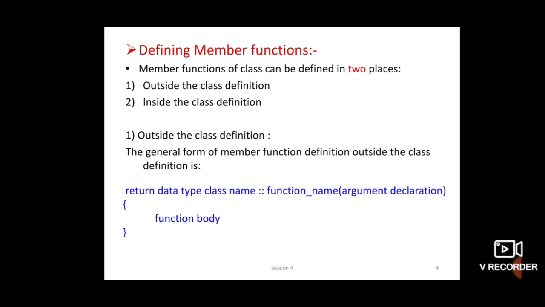Now see the example. If you want to declare a member function outside the class, first declare the class and then define outside the class. First the class definition. Student, first tell me what is the difference between definition and declaration.